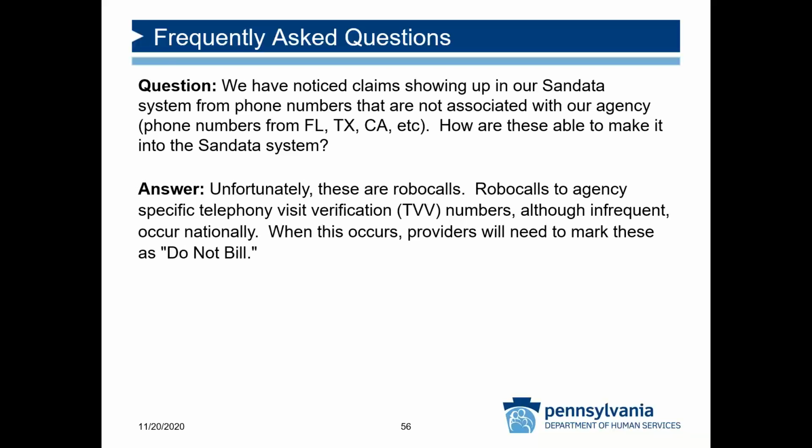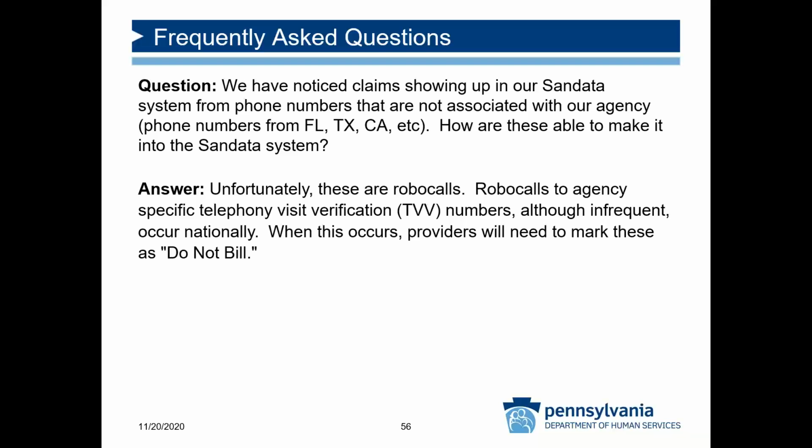Another question we received: we have noticed claims showing up in our SAN data system from phone numbers that are not associated with our agency. For example, some providers are seeing phone numbers with area codes from Florida, Texas, California, etc. How are these able to make it into the SAN data system? Unfortunately, these are robocalls.